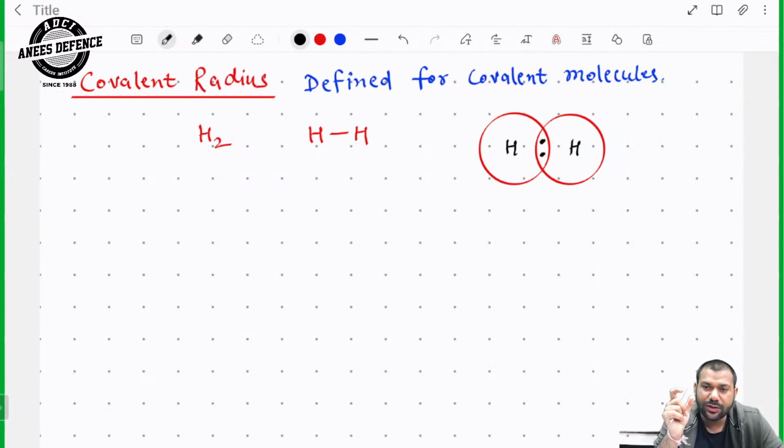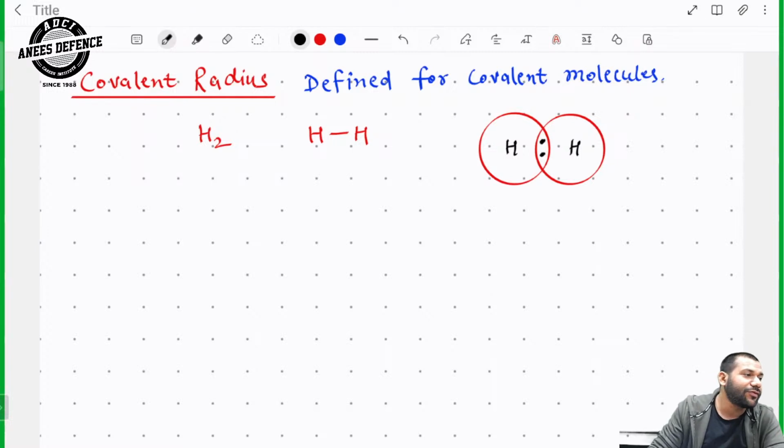But in this case, hydrogen is bonded with another hydrogen, so it is a covalent bonded molecule. In a covalent bonded molecule, when we discuss the radius of the hydrogen atom, we call it the covalent radius. Are you getting it? Covalent radius is defined for covalent molecules. Understood? So what is the definition for covalent radius?